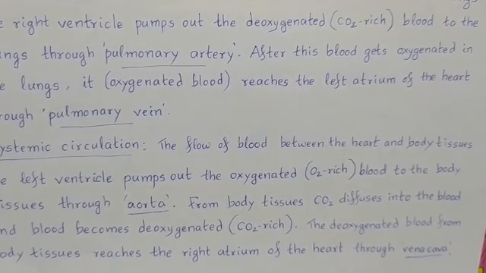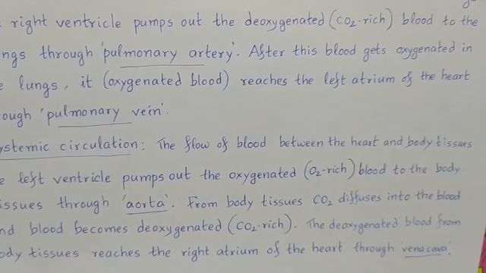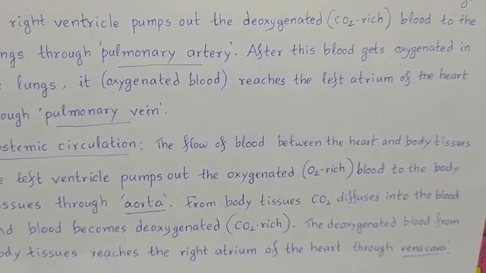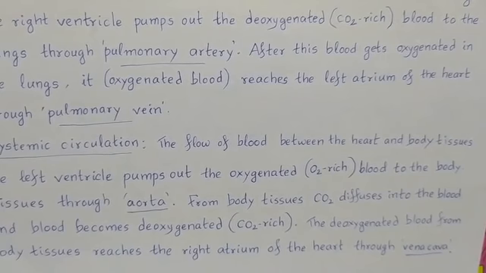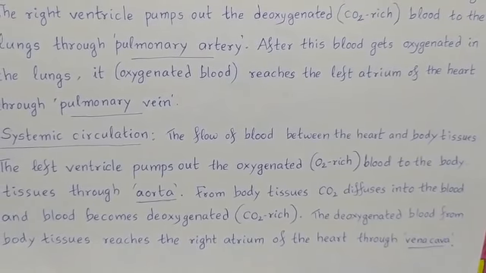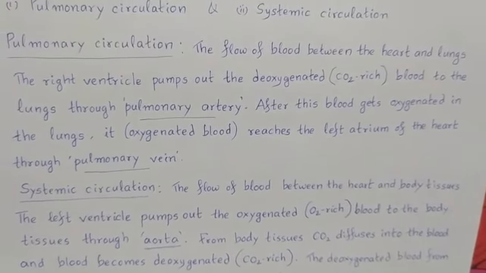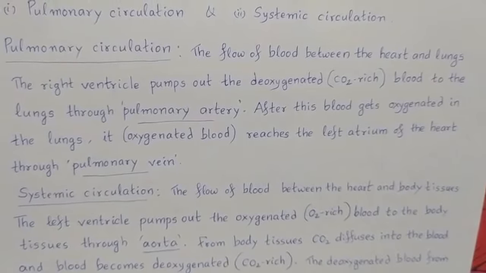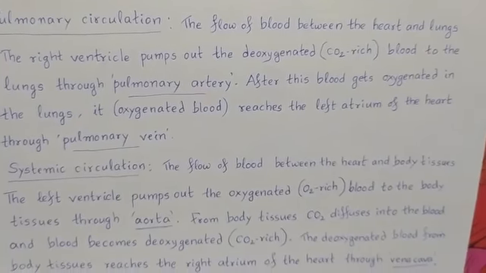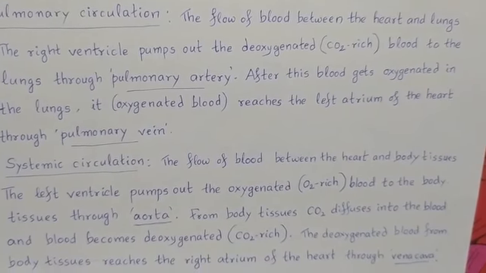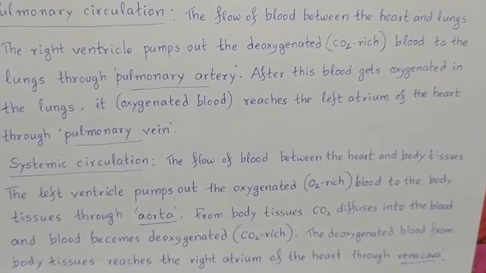Vena cava. Into what? Into right atrium. So this is pulmonary circulation and this is systemic circulation. Okay.